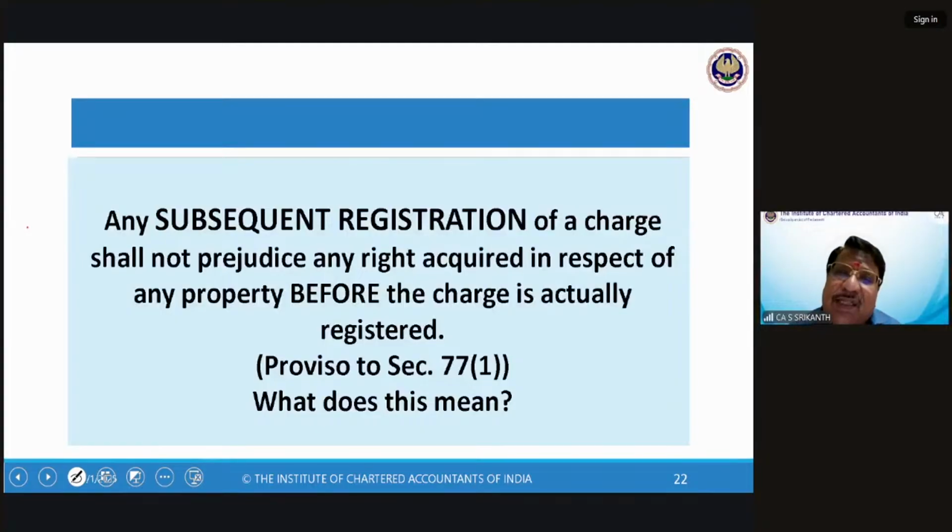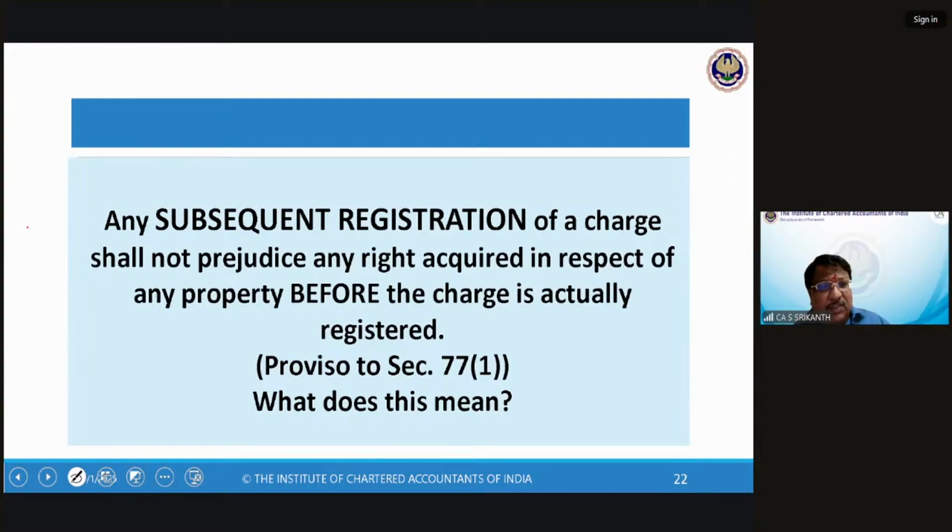So what is the consequence? When the asset is sold, if there is sufficient money for everybody, no problem. But if it is not sufficient to pay both, then the first registered charge will get paid in full. If there is any leftover, only then will this one get it. So belated registration may get you security, but it will deny you priority.